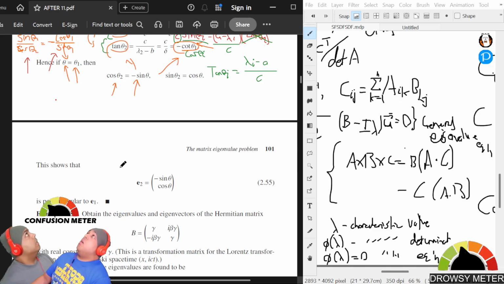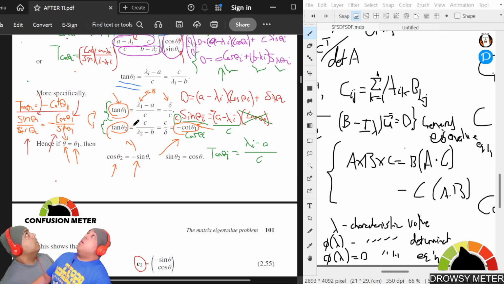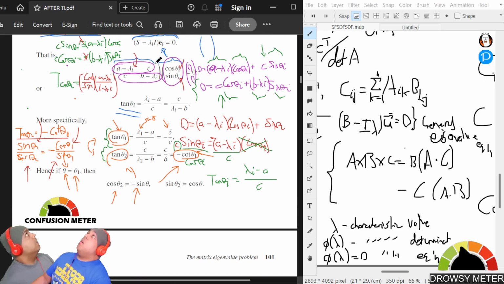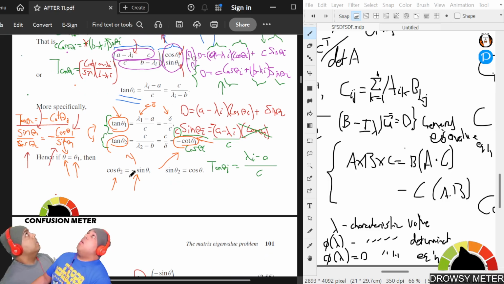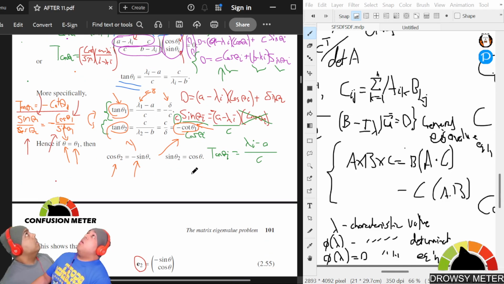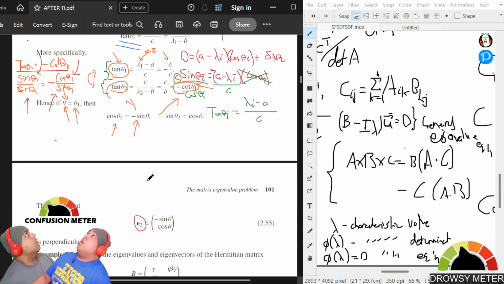This shows that E2 is cos theta 2 sine theta 2, minus sine cos.